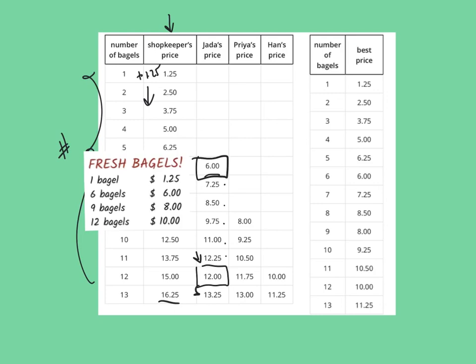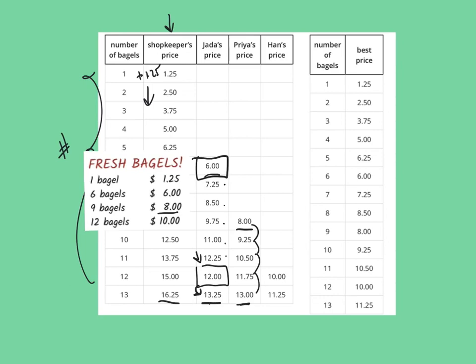Then she adds $1.25, which is another way to save some money, but I don't think the best way. Priya starts off with the 9 bargain for $8, and then adds $1.25 to get to $9.25, another $1.25 to $10.50, another $1.25 to get to $11.75, and yet one more $1.25 to get to $13. So a little bit better than Jada's version.